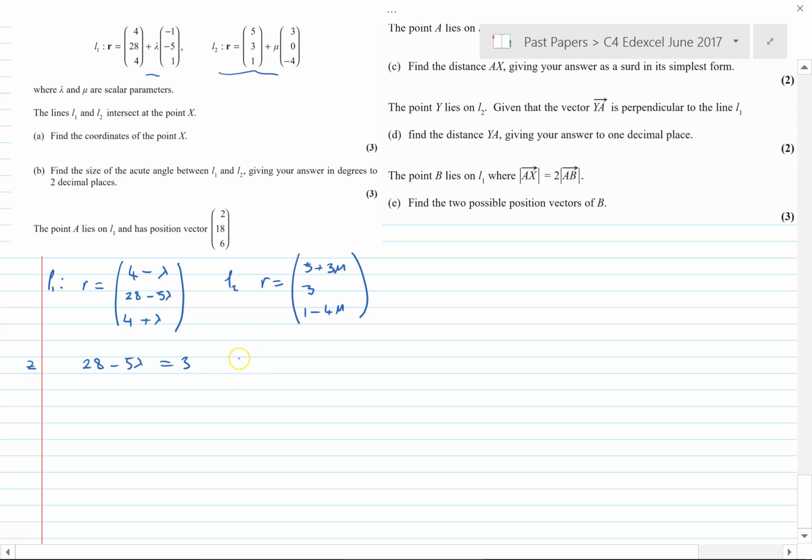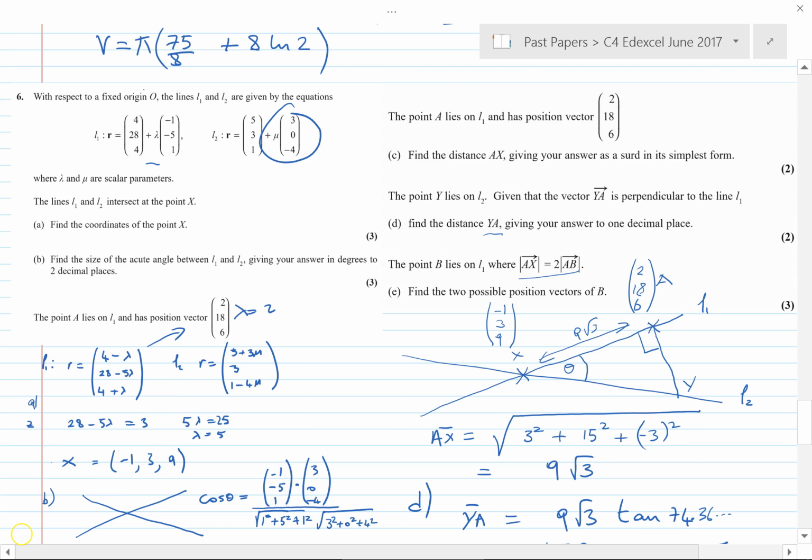So that gives us 5 lambda equals 25, so lambda equals 5. So that gives us OX, the coordinate of X, is equal to (-1, 3, 9).